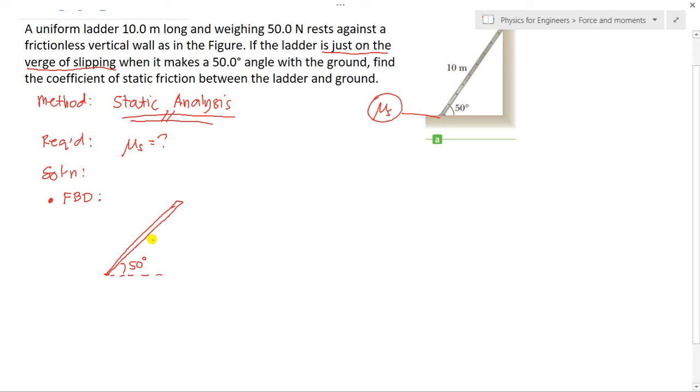Do you think sa ubos? Asa man niya center of gravity? Sa tunga. Tunga gyud, di ba? Ang center of gravity mo tunga gyud.